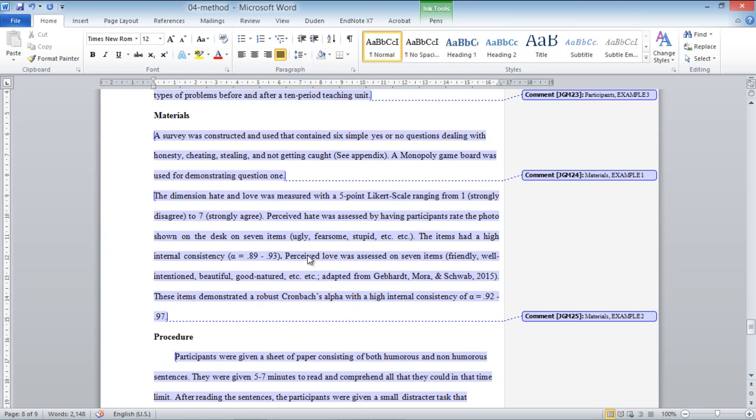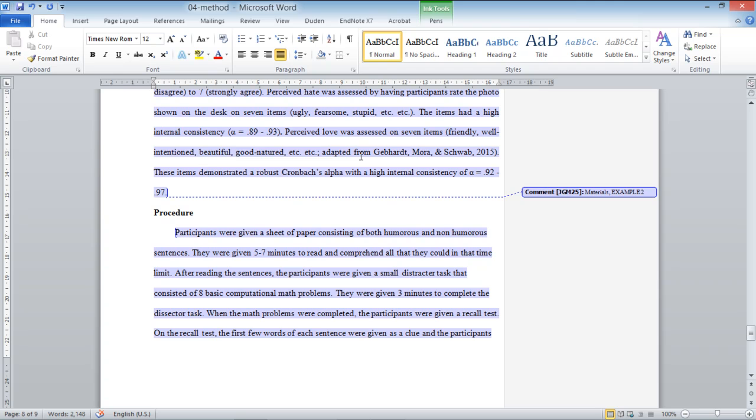In this case, for example, perceived love was assessed on 7 items, and after a semicolon inside the parentheses you say adapted from, and you quote the source. And again, you can write about the Cronbach's alpha and the internal consistency.